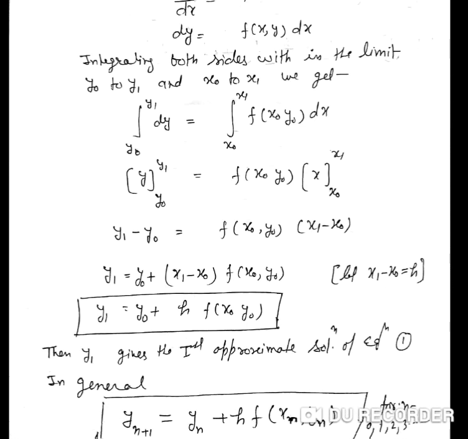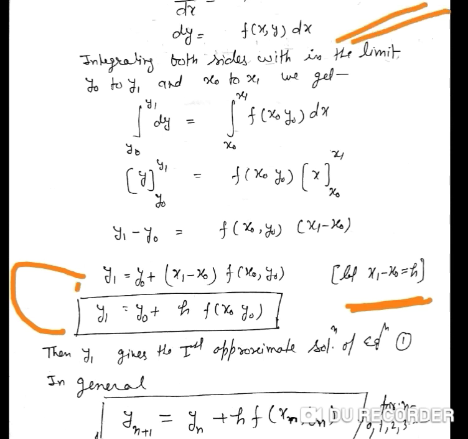ठीक है, so from this we replace x1 minus x0 with h. The difference of two values of x is equal to h. ठीक है, then rearranging, y1 is equal to y0 plus h f(x0,y0). Then y1 gives the first approximation of equation number 1.